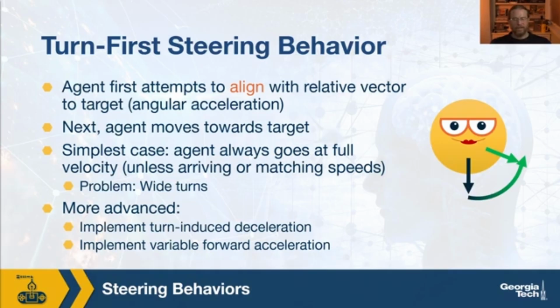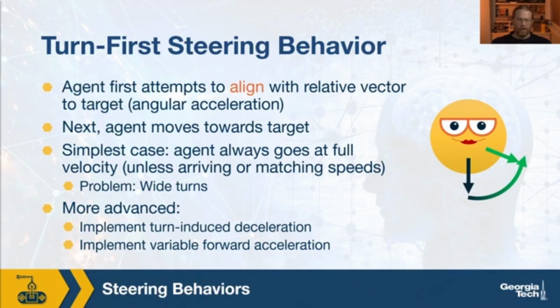We can have the agent, in the simplest case, just move full speed ahead all the time. So again, we will end up with these wide turns as the agent is accelerating towards aligning the facing direction or orientation. But we can also implement a more advanced version that's not going to have these extreme wide turns.